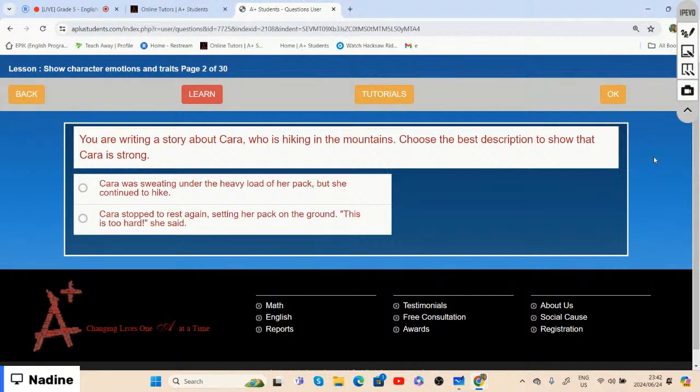Is it option one, that Cora was sweating under the heavy load of her pack, but she continued to hike? Or is it option two, Cora stopped to rest again, setting her pack on the ground? This is too hard, she said. So option one or option two.